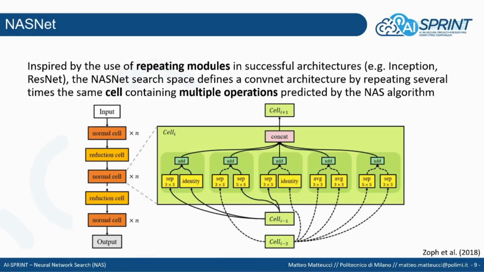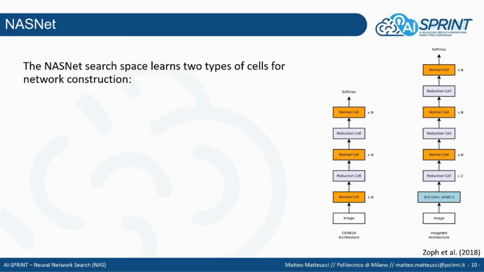These blocks are made of cells, and these cells have multiple different operations. The neural architecture search predicts these single cells, and then the final model is obtained by concatenating multiple of these cells.